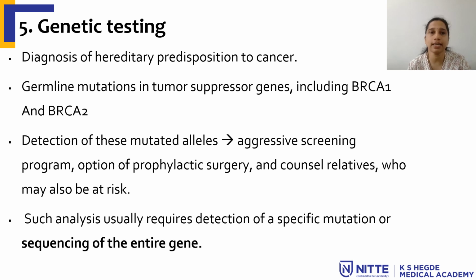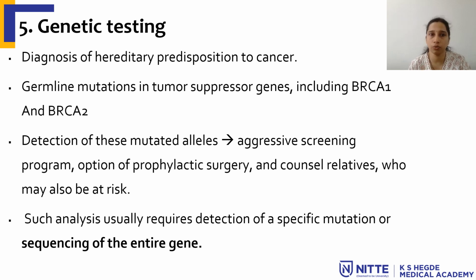So next is genetic testing. The role of genetic testing is diagnosis of hereditary predisposition to cancer, especially if there is germline mutation in tumor suppressor genes like BRCA1 or BRCA2.